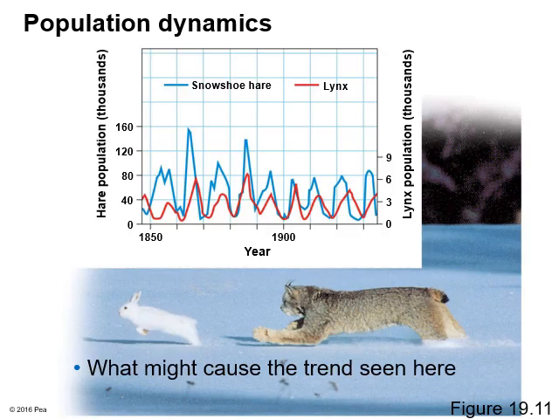So let's think about that in the context of this graph here. This is one of the classic graphs of population ecology. What this is showing is, over time, the amount of snowshoe hares and the amount of lynxes. And so you can see the relationship between those two right here. This is a snowshoe hare and that is a lynx. The lynx is obviously a predator and the snowshoe hare is the prey.